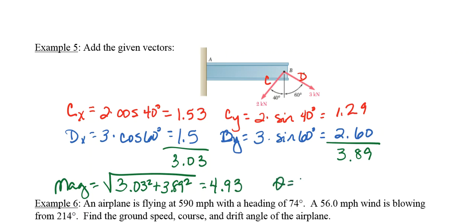And for our direction, inverse tangent of 3.89 over 3.03, approximately 52.1 degrees.